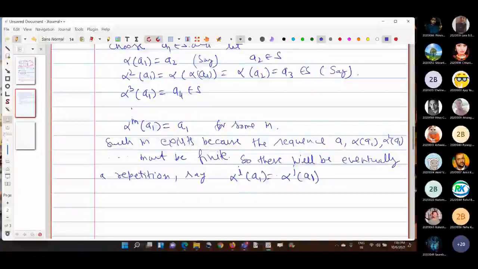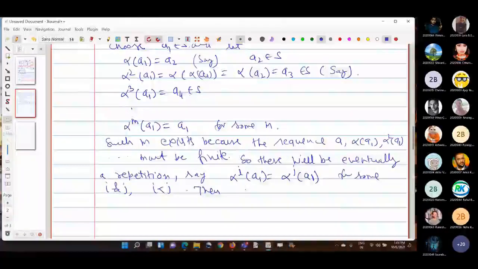Suppose at some point they are equal for some i and j with i less than j. Then take the inverse, because this is a permutation group, so of course the inverse will be there. So we can write a1 equals alpha to the power j minus i of a1.